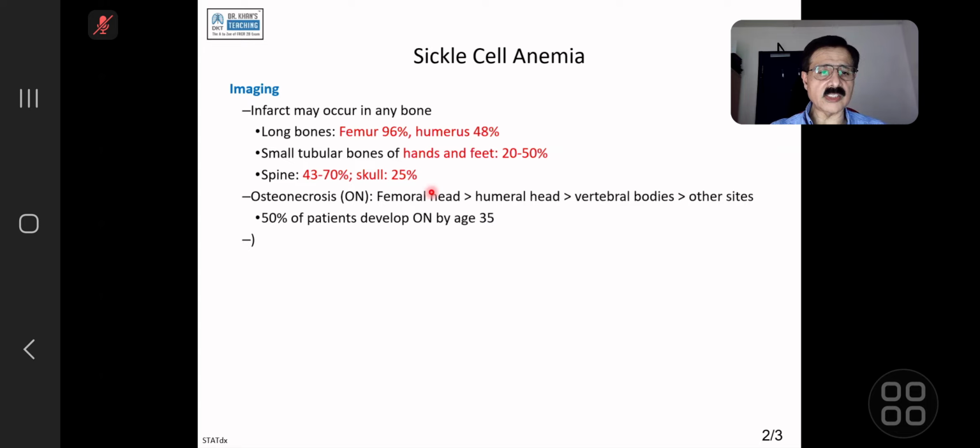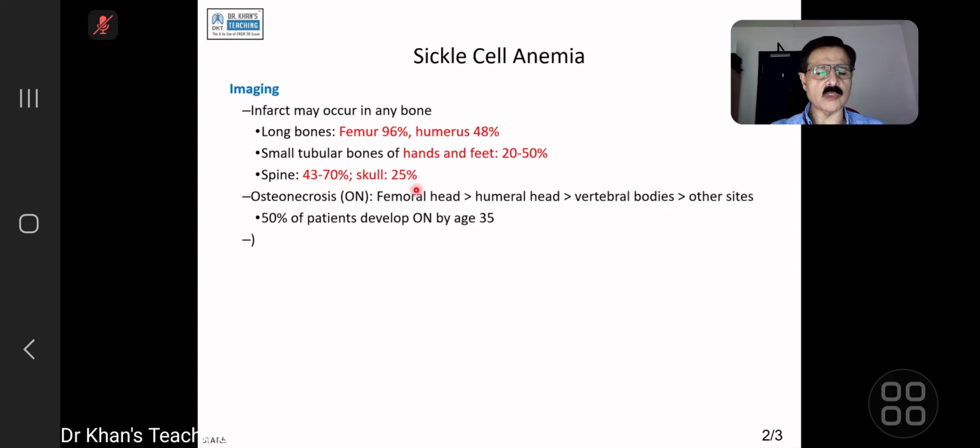In sickle cell disease, I just want you to remember these. This will give you an idea of frequency of involvement. The femur is involved in 96%, most common, and then the humerus. Hands and feet can be involved in 20 to 50%, and the spine in 43 to 70%.